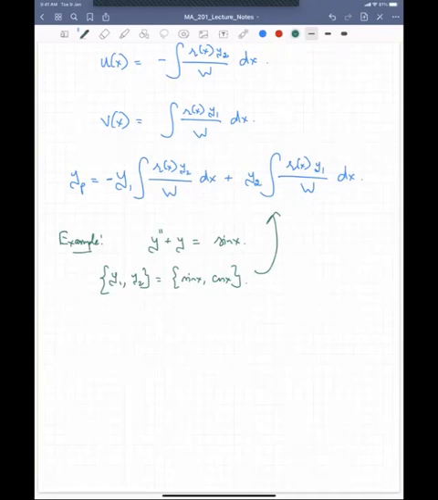So if you stare at this particular solution, do you think it is symmetric under the exchange y1 goes to y2 and y2 goes to y1? On the face of it, it doesn't look symmetric, right?